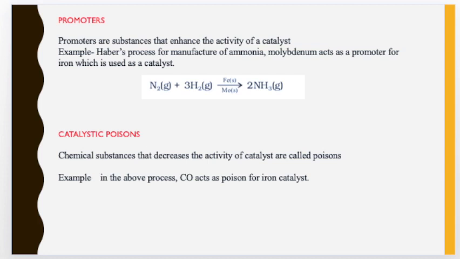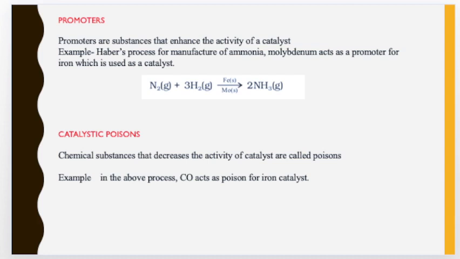There are also chemical substances which enhance the activity of catalyst, and these chemical substances are known as promoters. For example, in the Haber's process of manufacture of ammonia, molybdenum is added as the promoter which enhances the activity of iron catalyst. But there are also chemical substances which decrease the activity of catalyst, and they are known as catalytic poisons.